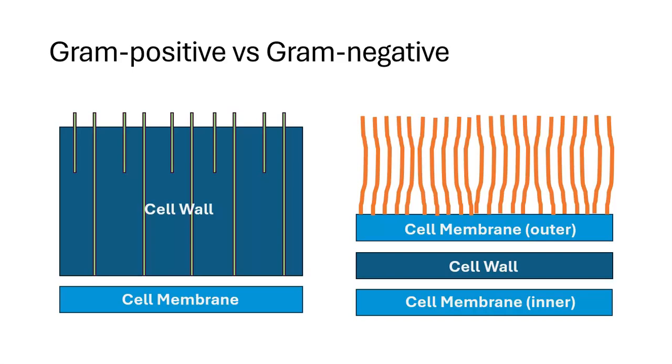On the right, you see the gram-negative cell wall structure, and it starts with an inner membrane, a thin layer of the peptidoglycan cell wall, then an outer membrane with LPS sticking off of the outside.